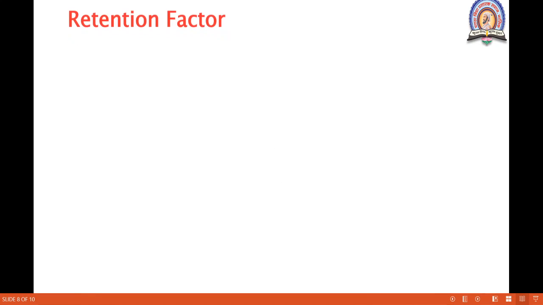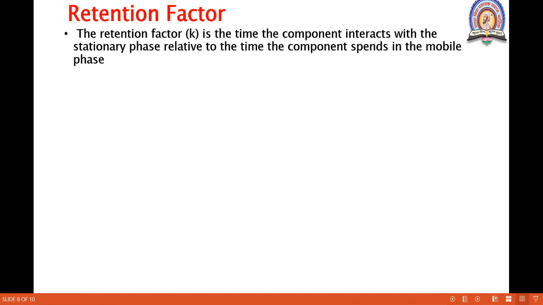Then the next is the retention factor. It is denoted by a small letter k. The retention factor is the time the component spends interacting with the stationary phase relative to the time the component spends in the mobile phase.